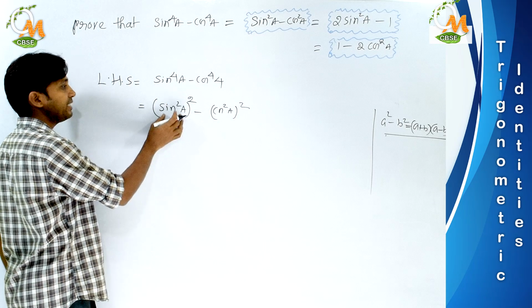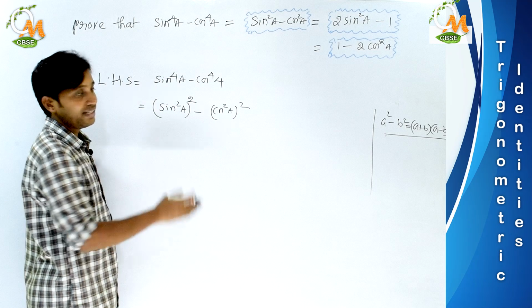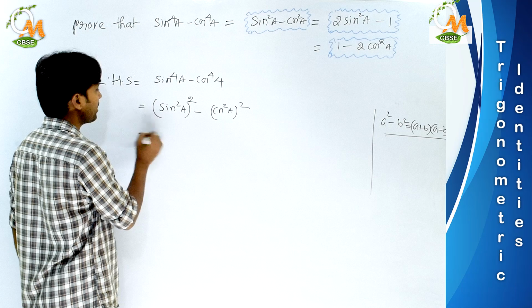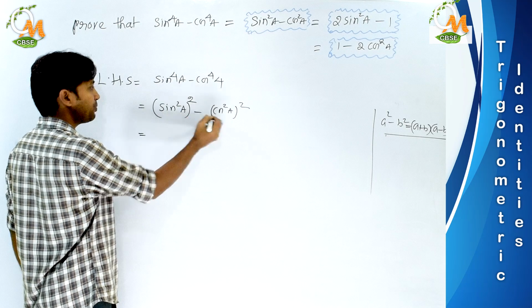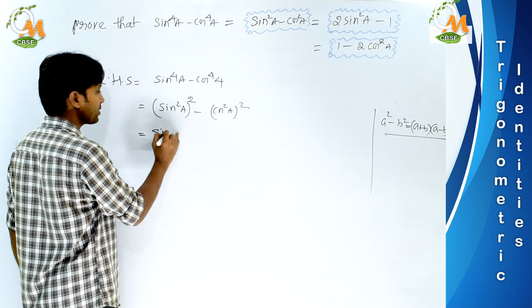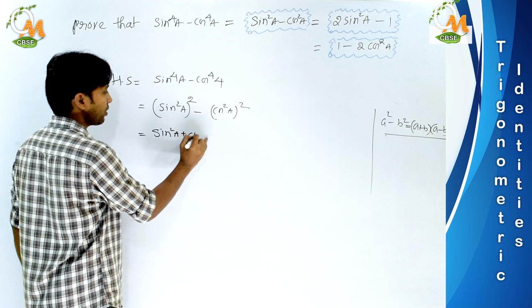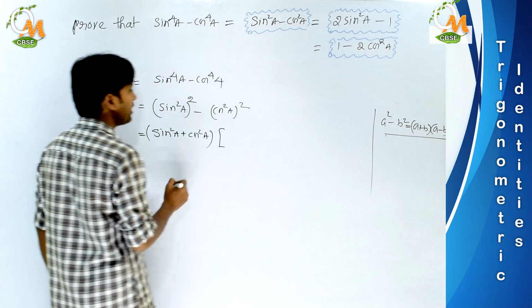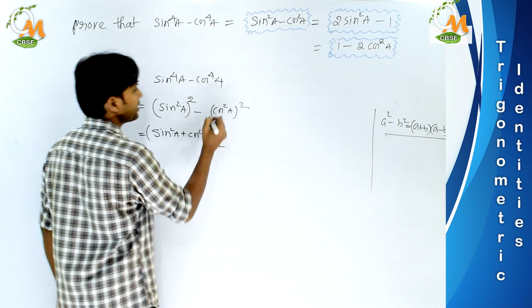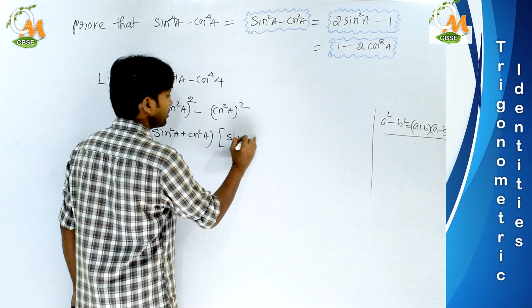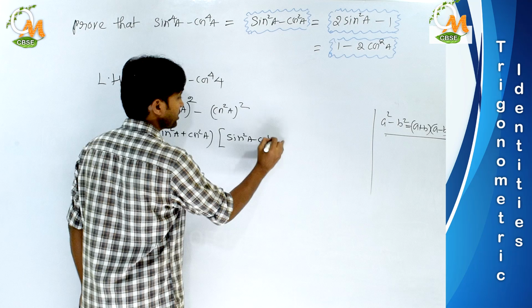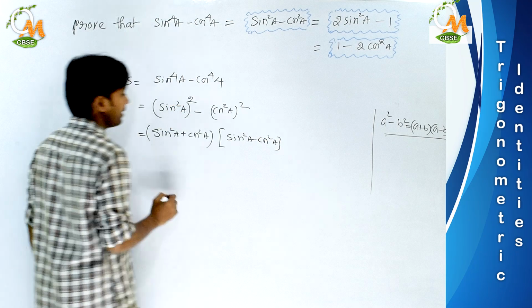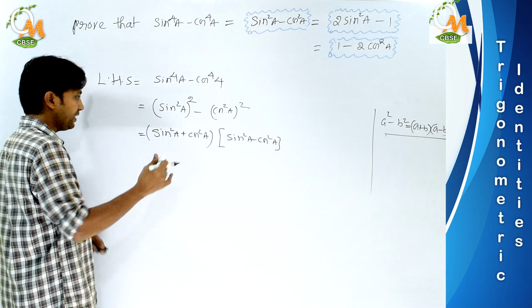Here sine square a is a and cos square a is b, then a square minus b square can be split into a plus b, into a minus b. A plus b means sine square a plus cos square a, into sine square a minus cos square a. Now what did you identify here?